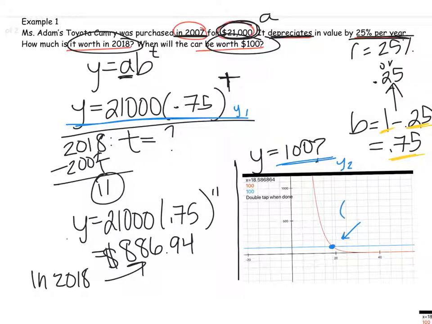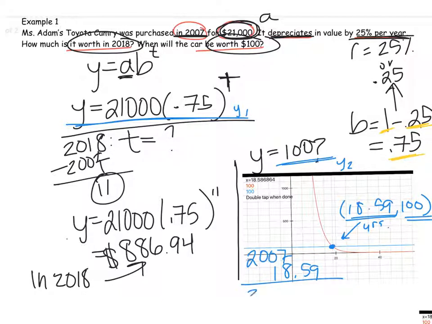And my intersection point, according to my graphing calculator, is 18.59, 100. In other words, after 18.59 years, the car will be worth $100. Well, 18.59 years doesn't tell me what year, so I need to add 18.59 years to 2007, our original year. So it looks like it's going to be sometime in 2025 that the car will be worth that much.